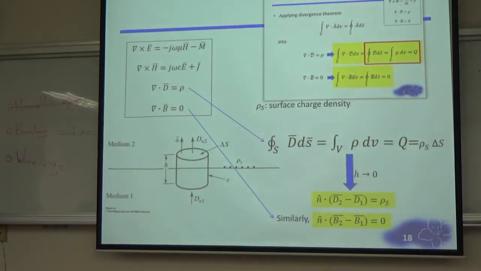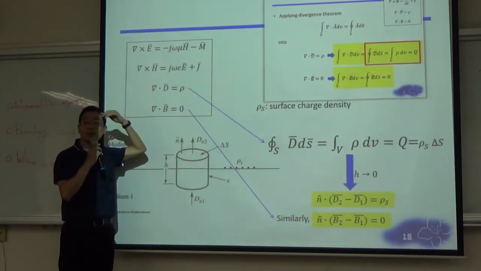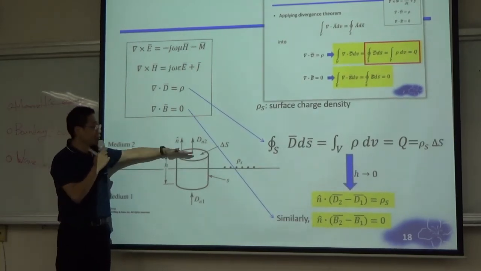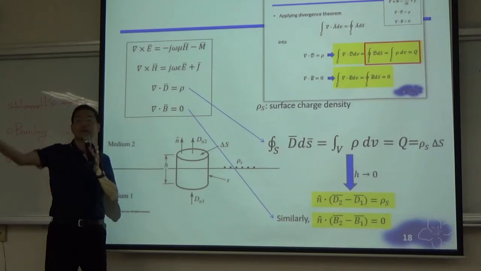But we try to make this area very special. How special? You need to think about this in 3D, okay? You integrate this surface because we want to integrate in 3D.